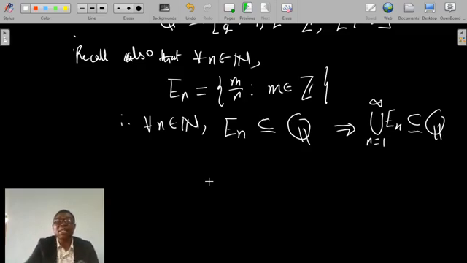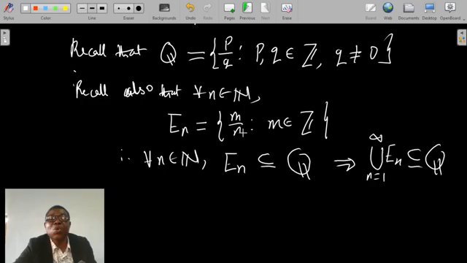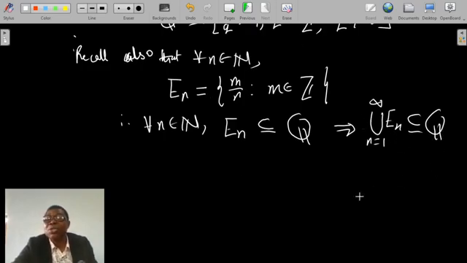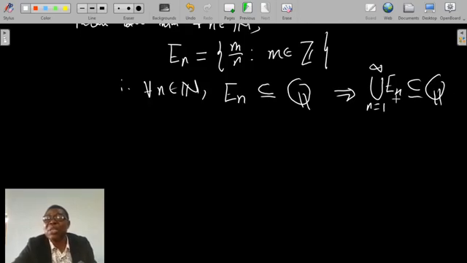But in this case, we have a semi-trivial situation where, by definition, we can easily see that this particular set is a subset of Q, and that implies that the union is a subset of Q. So the next thing is to show that Q is a subset of this union. What is left to do is, for instance, to pick X in Q and check that X is in this union.